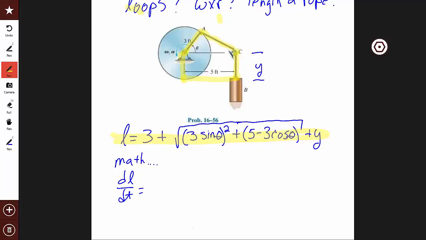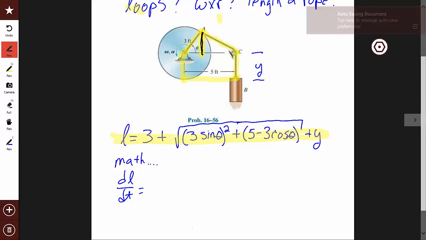So it's a hypotenuse. Let's see if I can. Right. So this guy right here. Oops. Pick up the right pen. Right here. There we go. Right there. That's what this guy is. 3 sine theta. That's this guy, that height.